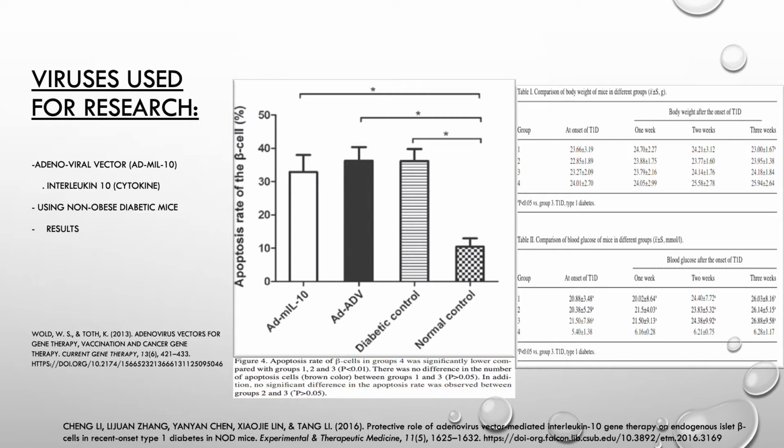On the y-axis, you see the rate of apoptosis of the beta cells, and on the x-axis, the different groups involved. The normal control has a decreased number compared to groups 1, 2, and 3. But there was still no significant difference in the apoptosis rate between groups 2 and 3.